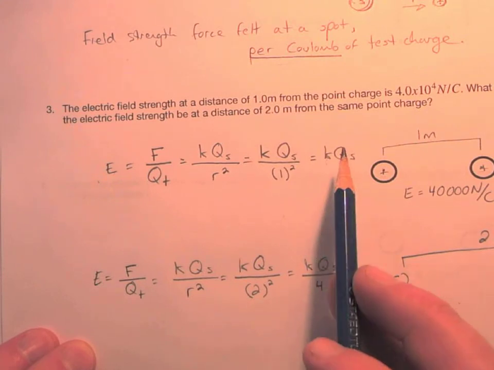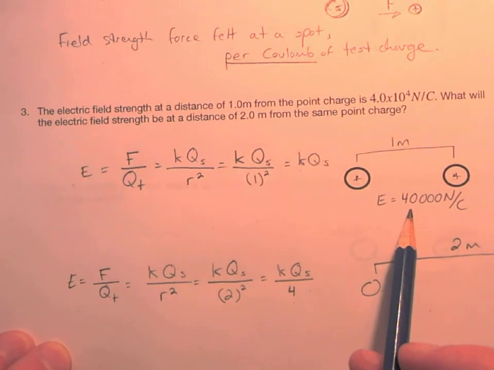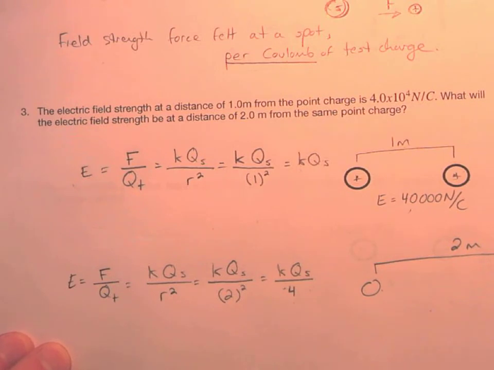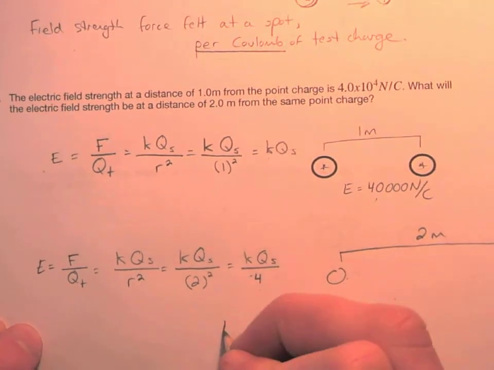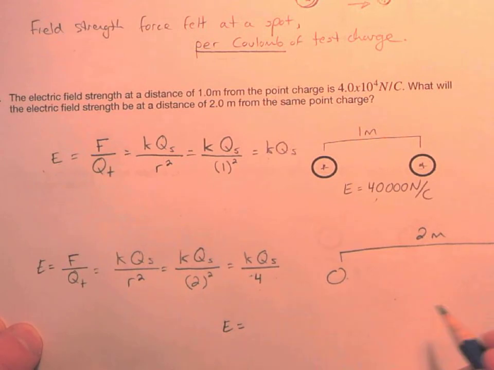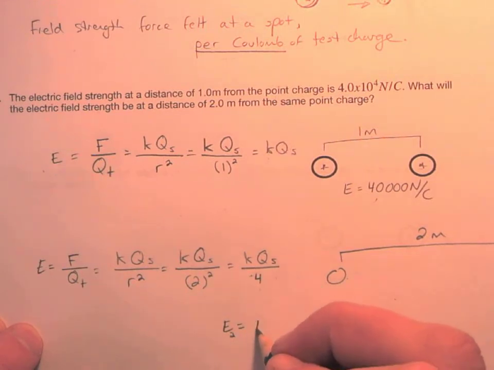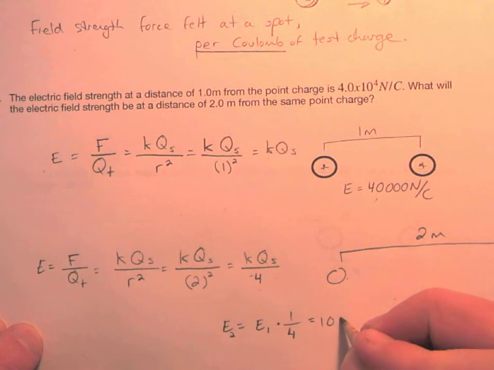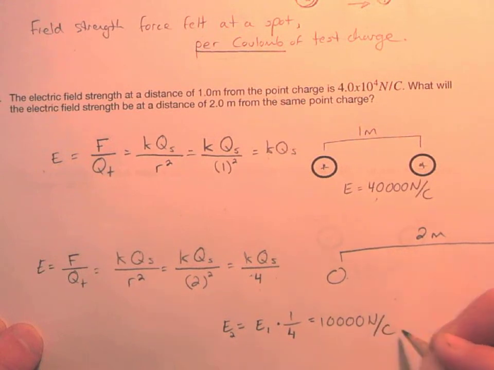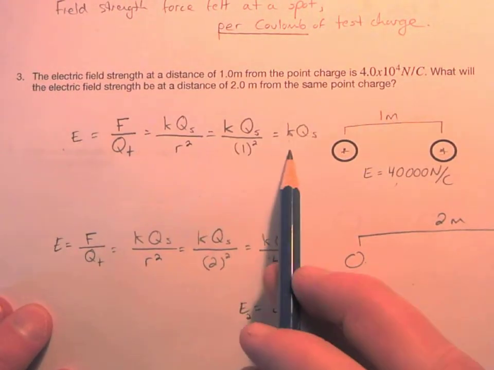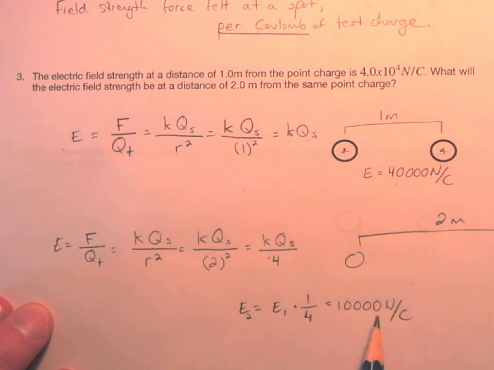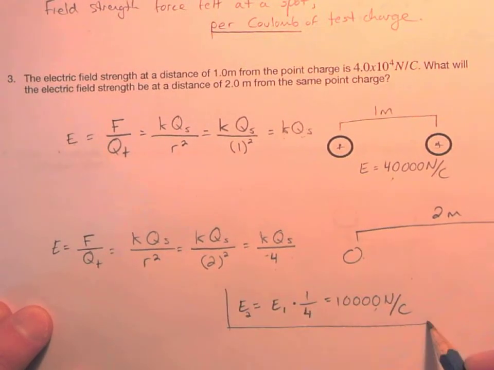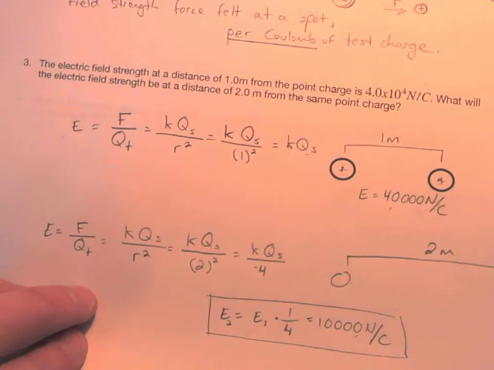Okay, so if this value is 40,000 newtons per coulomb, this one's going to be a fourth as much. So overall, I know electric field at spot 2 is just going to be electric field at spot 1 times a quarter. So it's going to end up being 10,000 newtons per coulomb. Okay. This question you could also do by solving for QS, plugging it in there, and then you'd see that it would be 10,000 as well. That would work as well, and it might make more sense for you.